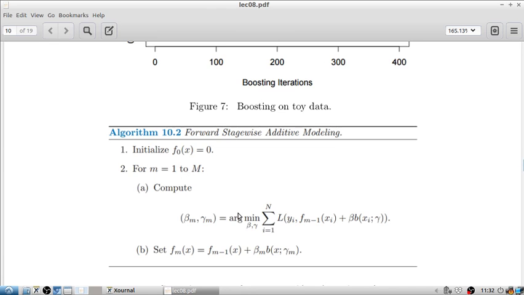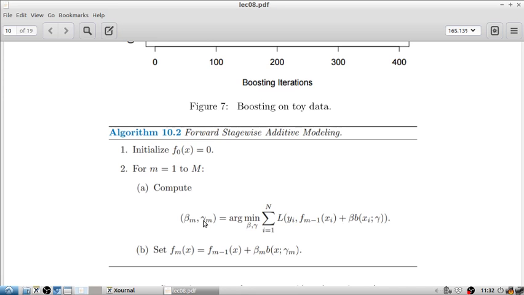I need to fit the function as well as its coefficient. So let's say the coefficient is represented by beta, and the function itself is parameterized by parameter gamma. Those are the two parameters: the function's parameter and the coefficient. I'm going to fit these two quantities in sequence, in a greedy way.